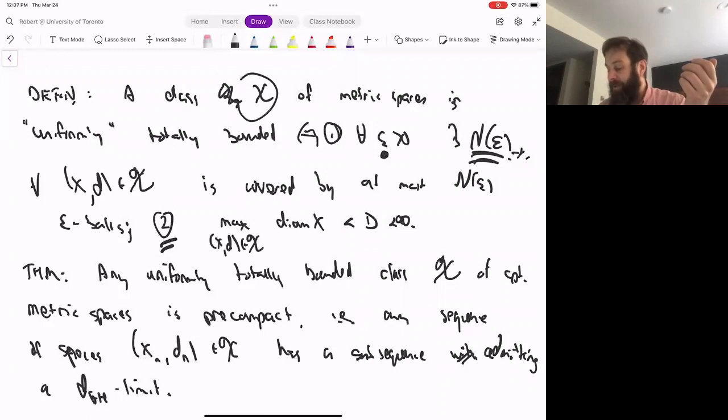And so then you get an automatic bound on the diameter. So 1 implies 2 in length spaces.